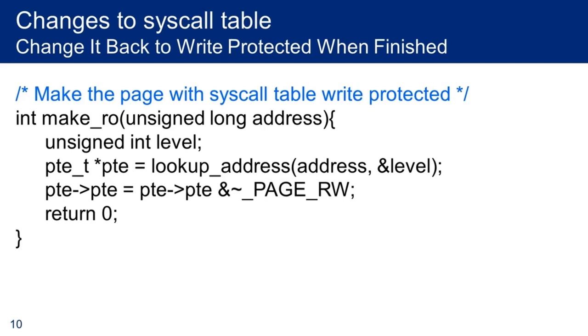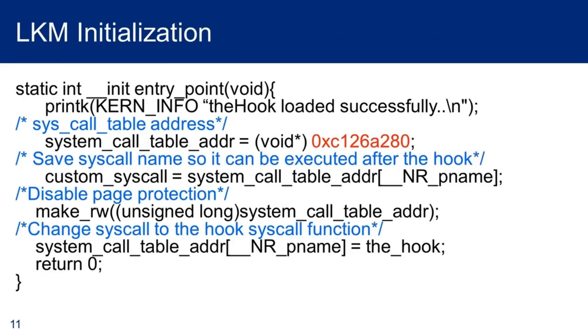The initialization code prints to the log when the LKM initializes, and then the hard-coded system call table address is set to match the hex value we determined from the system map. Next, we save the call table information for pname in custom syscall.